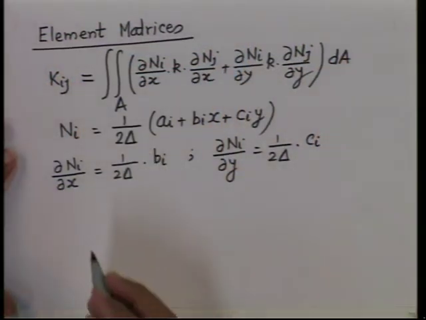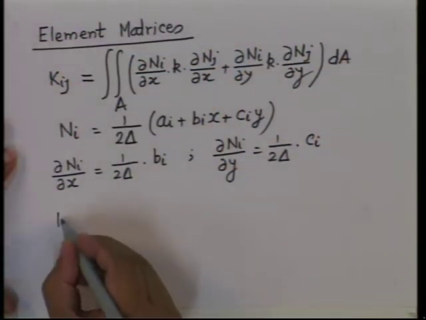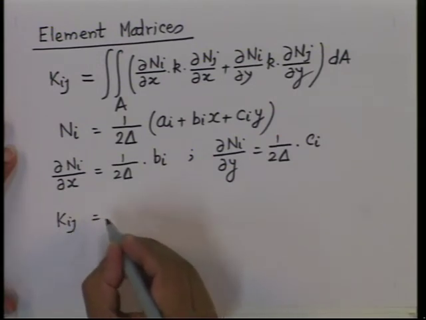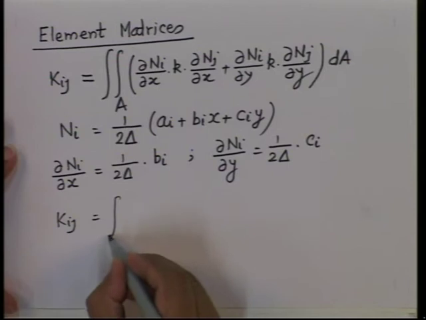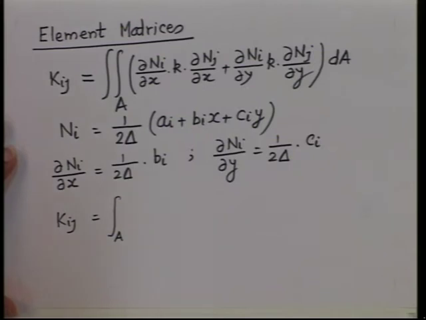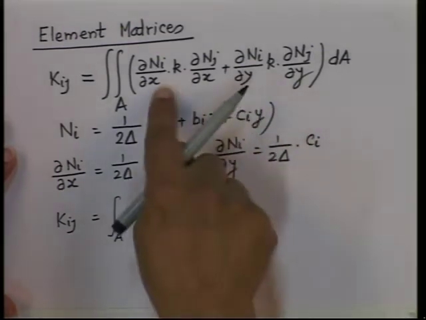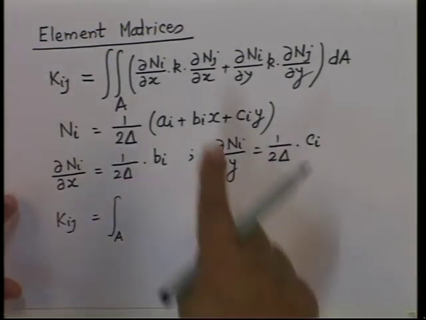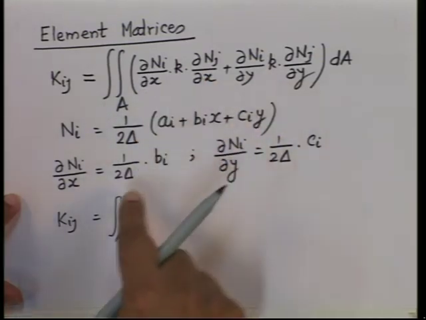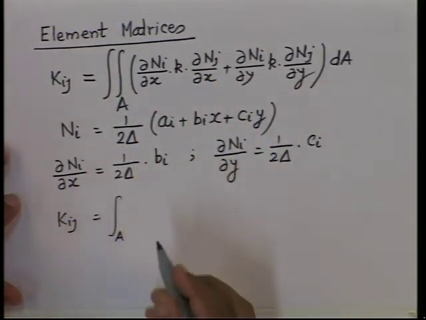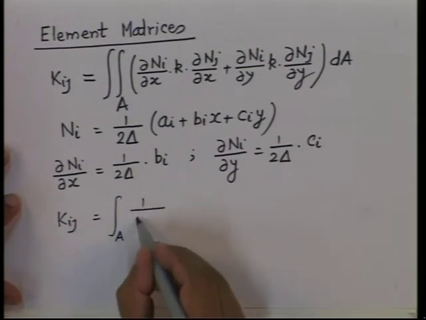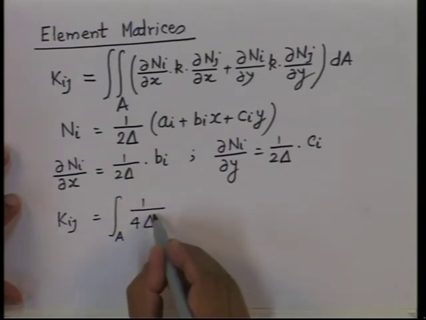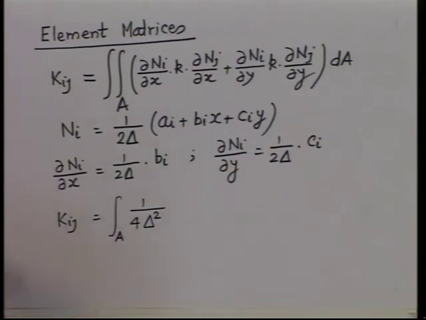Now, if you substitute this here, k_ij can be written as an integral over area of dN_i by dx and so on. Now, first of all, there is twice the area, and this also will give you twice, so 4 delta squared. So, 1 by 4 delta squared times area, is it okay?